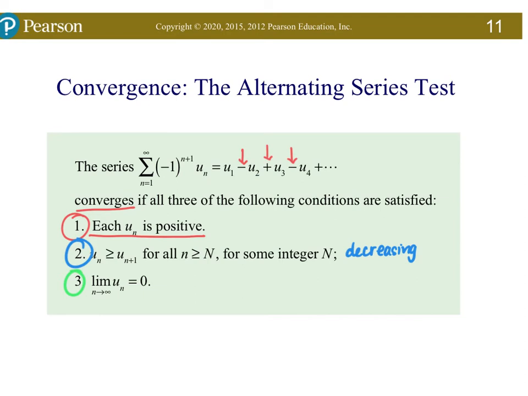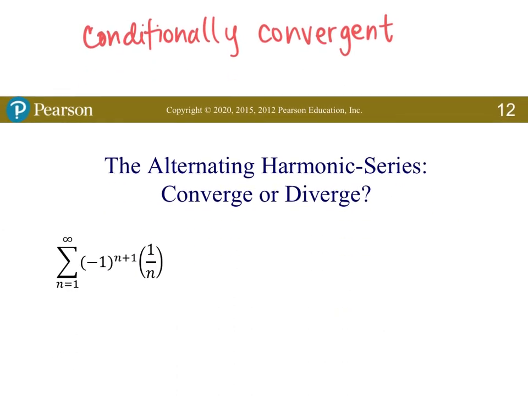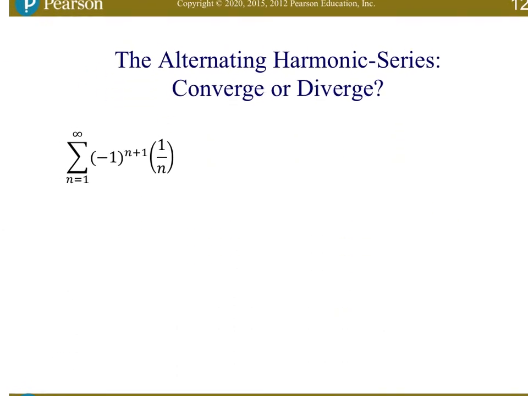So this is something that we say is conditionally convergent, not absolutely, but conditionally convergent, because it had to meet such stringent conditions in order for the alternating series test to apply. So let's go back to the alternating harmonic series.